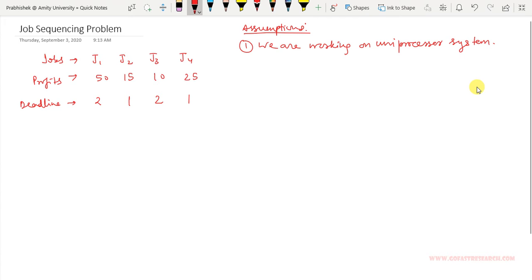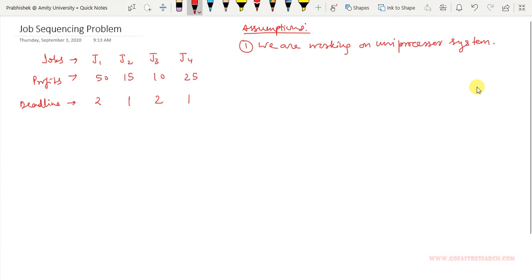What does this mean? This means that there is a uniprocessor, so there are no multiple processors, because if there are multiple processors, then all these jobs can be executed in parallel. But this is not the case here. Here there is a uniprocessor system.